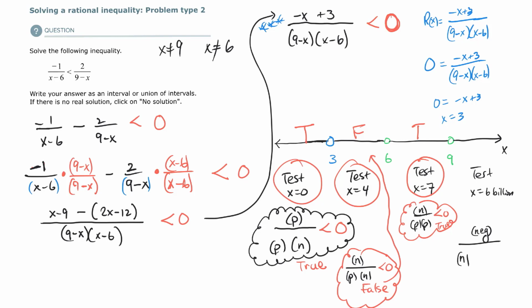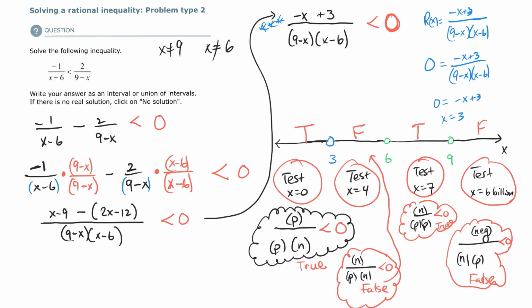Negative times a positive. Is this less than 0? And the answer is false. Once again, make sure you tell me what you test. Here's some bubble math. And this is false.